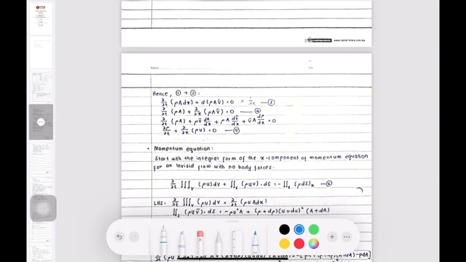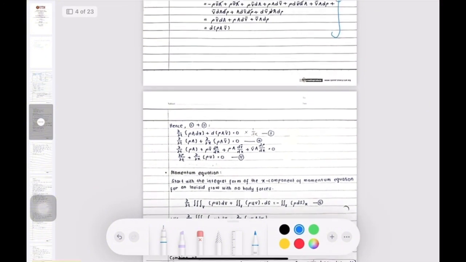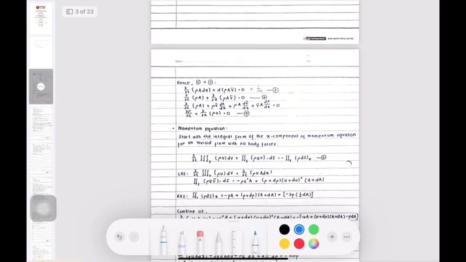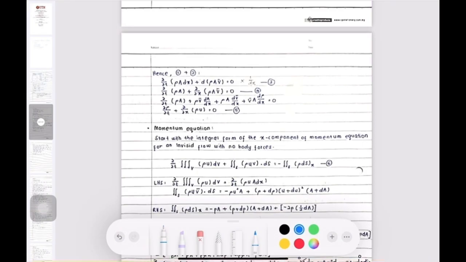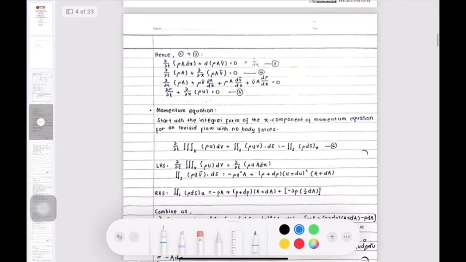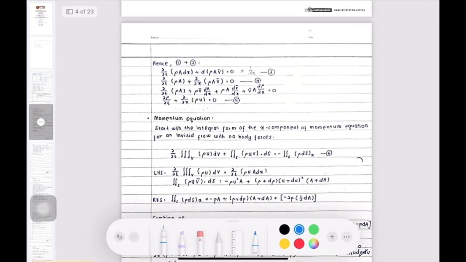Okay, in the limit as dx becomes very small, terms involving differential products go to 0 much faster than those involving only one differential. So substitute into the integral form, we have this.